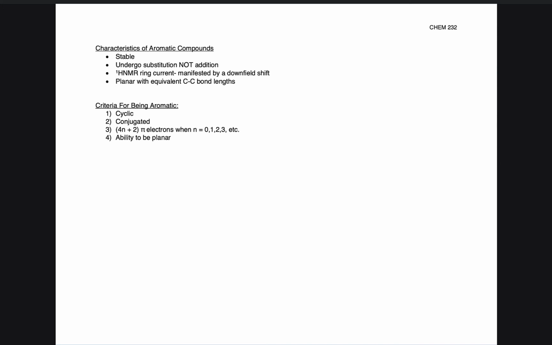When we have aromatic compounds, we have the following characteristics. They are stable, like we mentioned. They undergo substitution, not addition, which we'll talk more about in chapter 17, so we're not going to get things adding across alkenes like we saw in chapter 8. They have a ring current, which makes a downfield shifting.